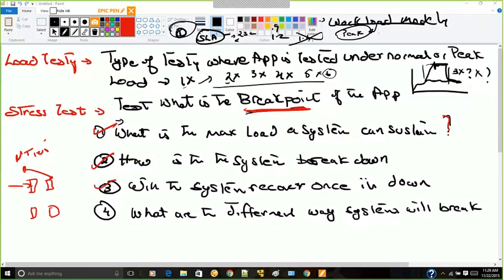What are the different ways in which you can break your system? You can break the system by putting in a number of users. You can break the system by putting in a number of requests. You can break the system in different ways, and we will see what those are. Those are the questions that you will address when you are working with stress test.